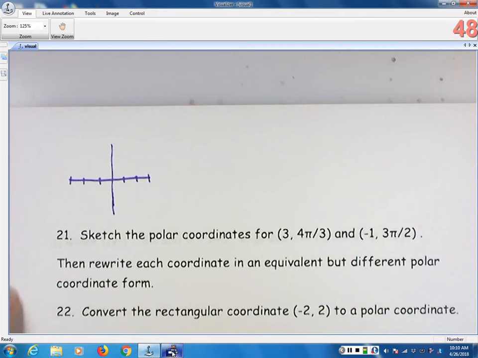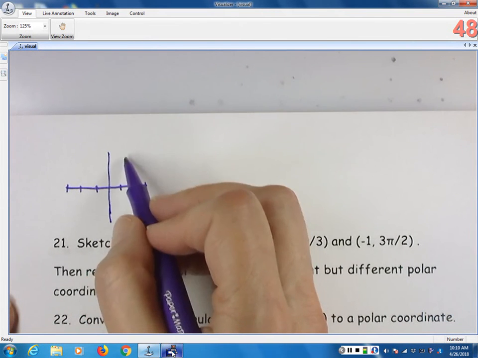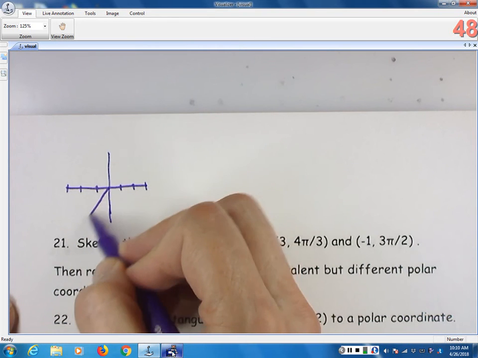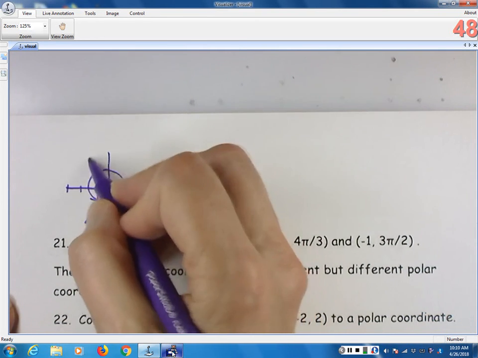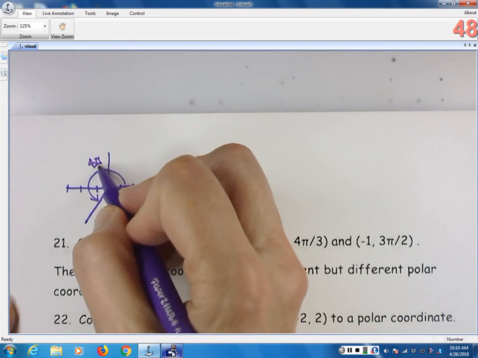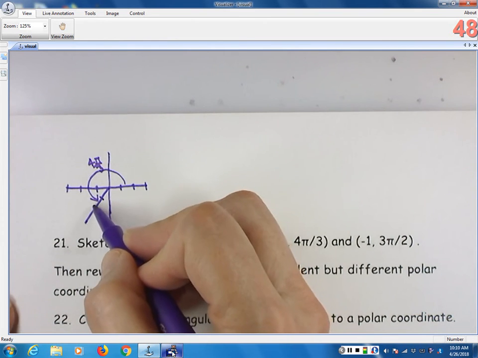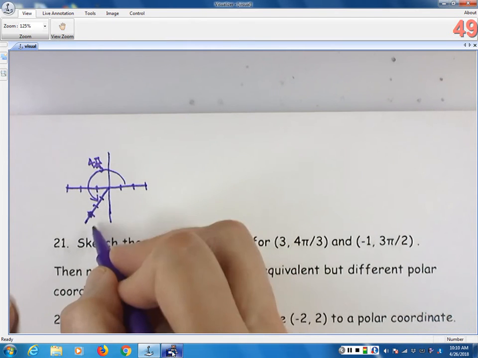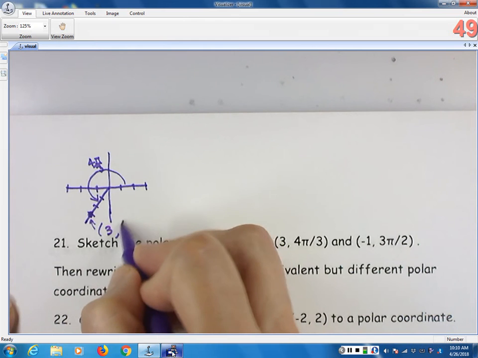All right. 4 pi over 3 is 1 pi over 3, 2 pi over 3, 3 pi over 3, 4 pi over 3. That's our angle, and then from our angle we go 1, 2, 3. So this is the point 3, 4 pi over 3.